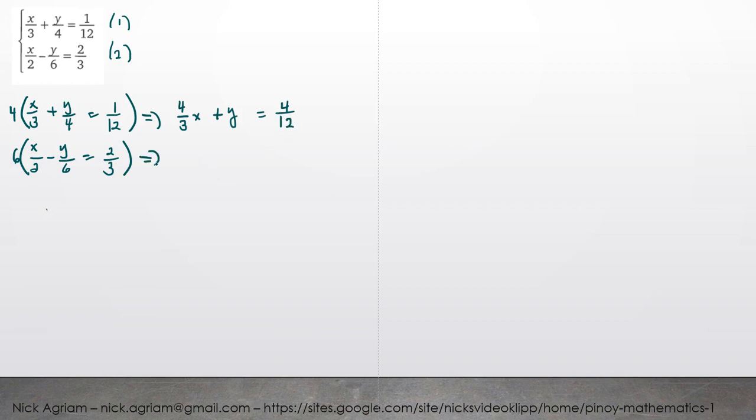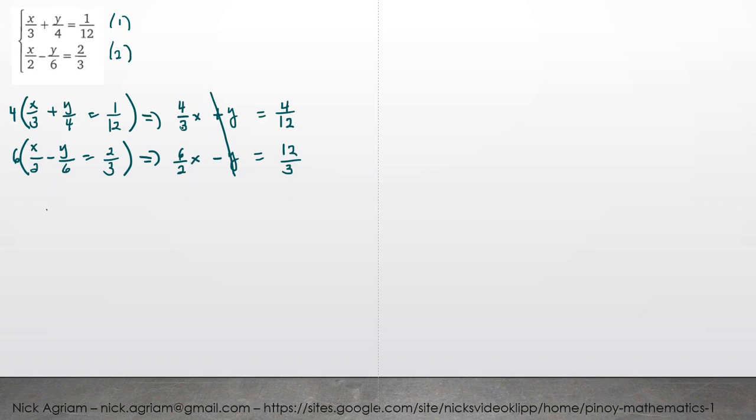And then the next, we have 6 divided by 2x minus y is equal to 12 divided by 3. So this now is equal to 0. And all you have to do is add that.